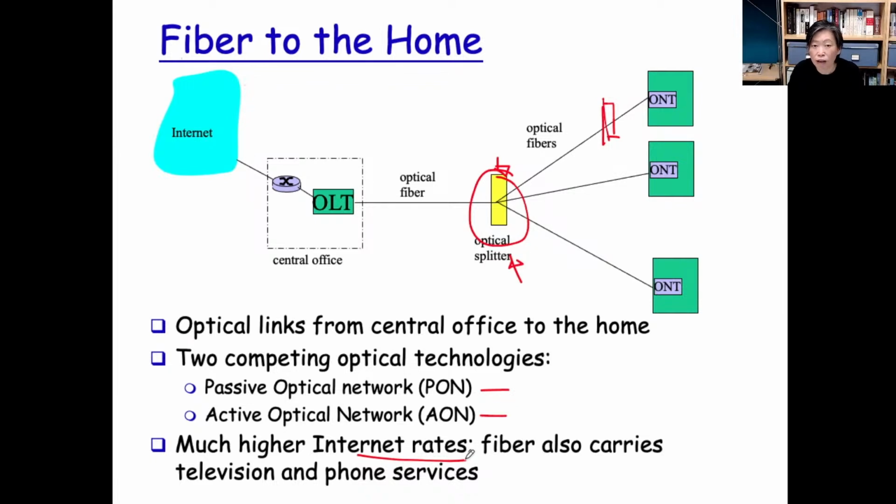If you have special needs, for example, if you are hosting web servers, then you might subscribe to 100 megabits per second downlink and 100 megabits per second uplink as well. So it can be symmetric, it can also be asymmetric in terms of bandwidth in different directions. So essentially much higher rates, and it really depends on how much you can afford.